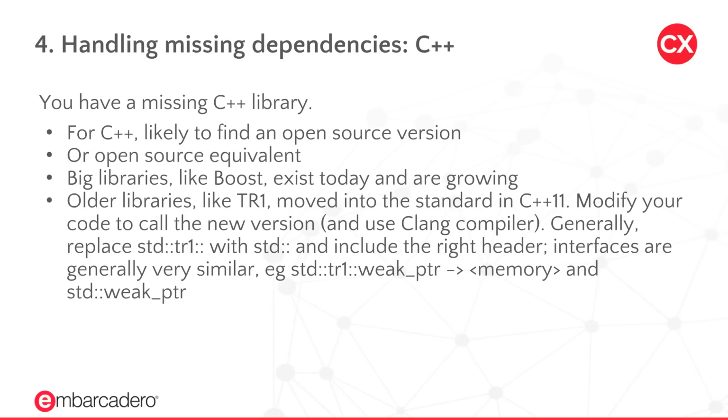Here's something more specific. You have a missing C++ library. So for C++, you're far more likely to find an open source version or an open source equivalent. So that is where I would first look. If it's in C++, you may well have source. Of course, if it's compiled, you might not. And we refer back to the previous slide for how to approach that.